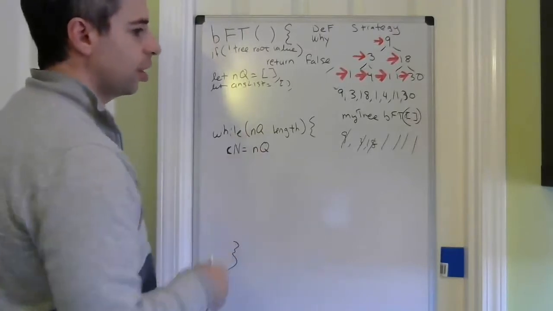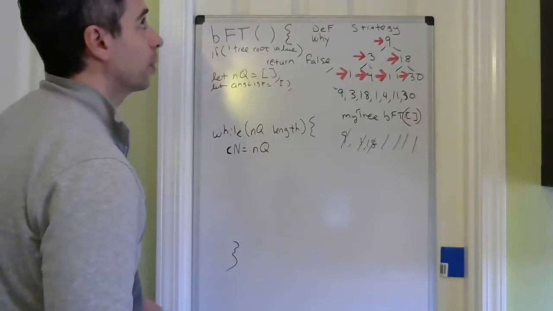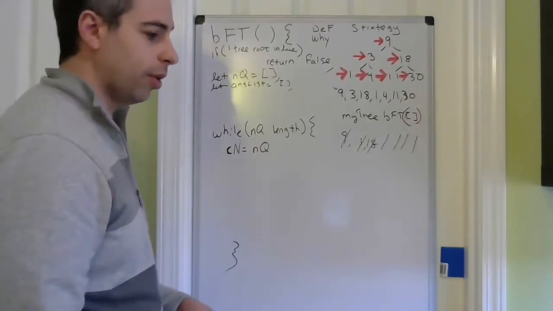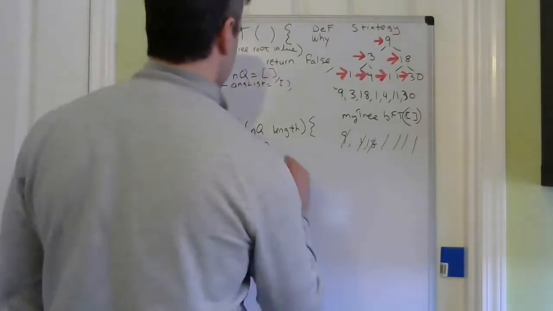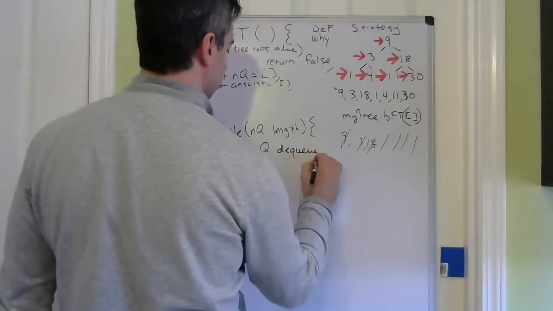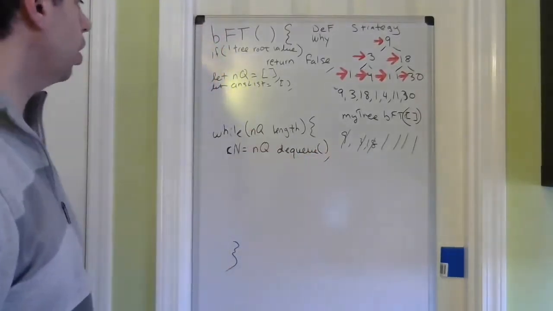Otherwise, this is just a list that you can call a queue, and if you're taking off from the first thing that was in, that would be a shift method. But we're going to say we have dq. So that's our current node.